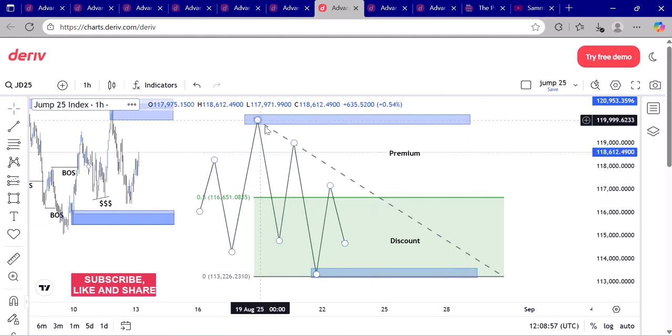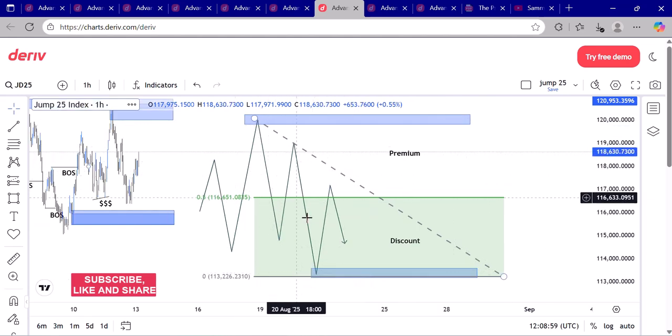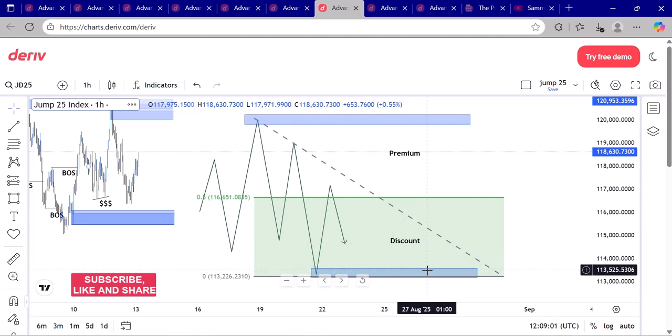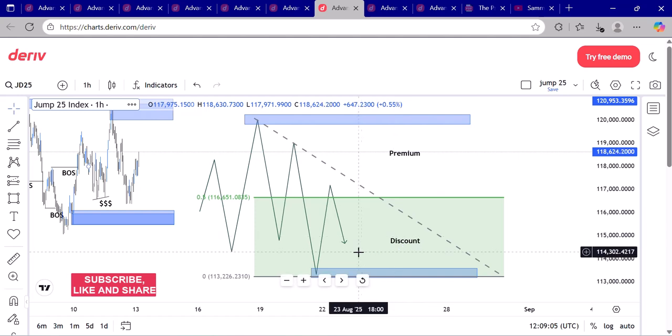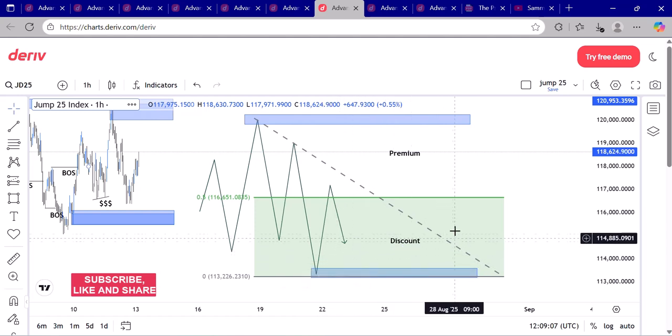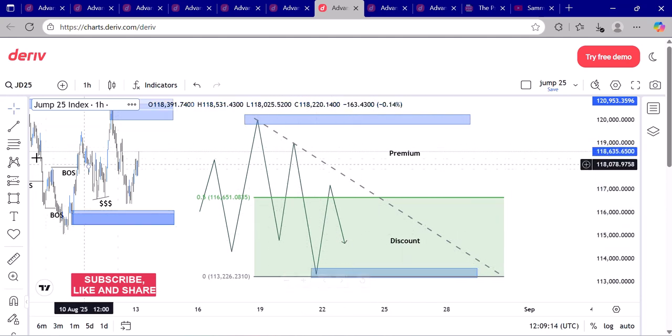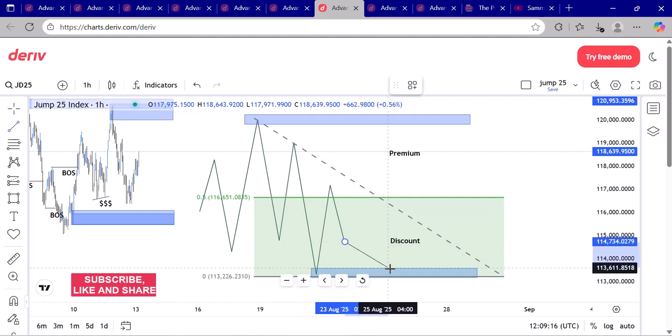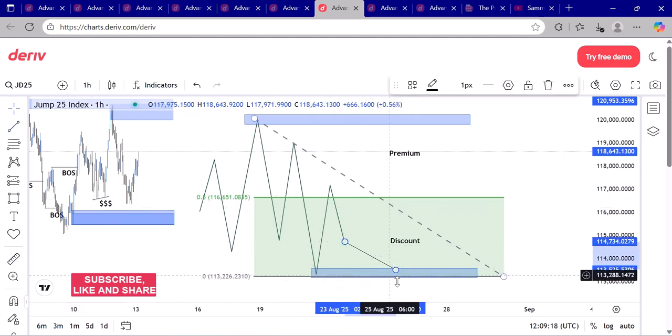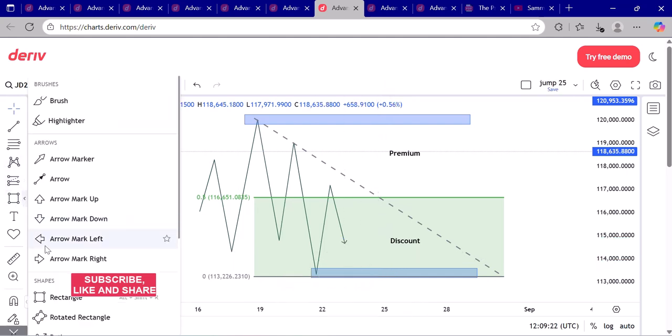It means if this is our range and price gets to this place, we are looking at buying. We are looking at buying at this zone. When price came in and tapped into this point, we are looking for something like this.